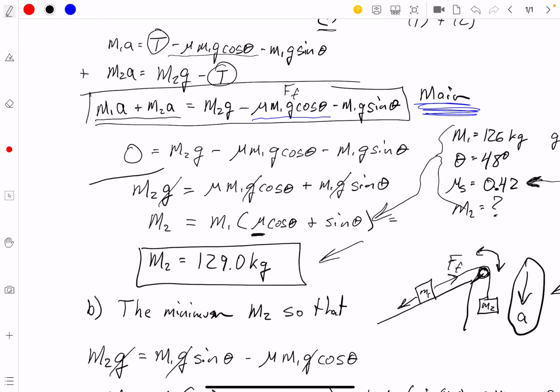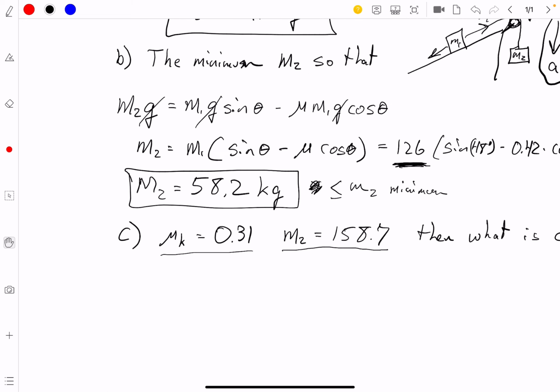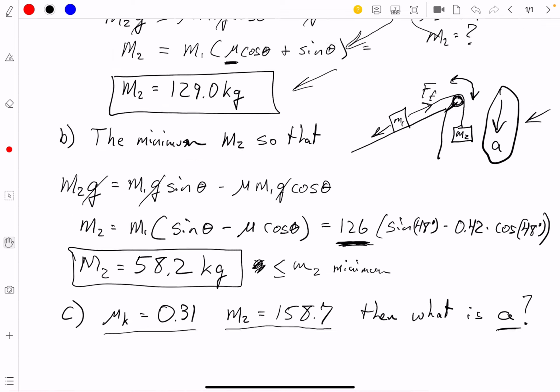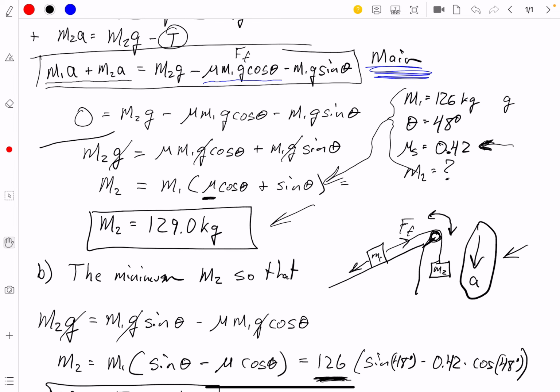So great. We've got all of those things, but what are we doing? We are solving that whole thing. What is A? So the question is, what is A? So let's get that equation. And we're going to solve this main equation for A. All right.